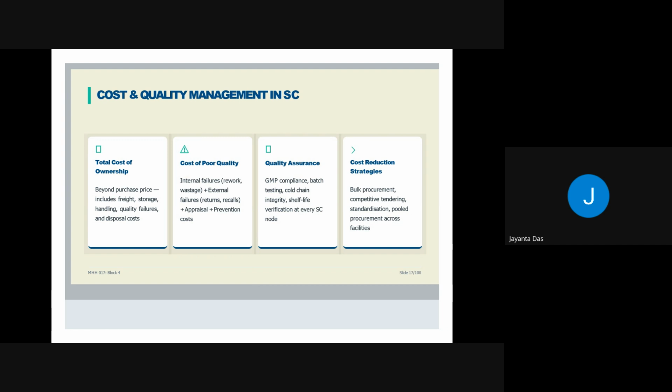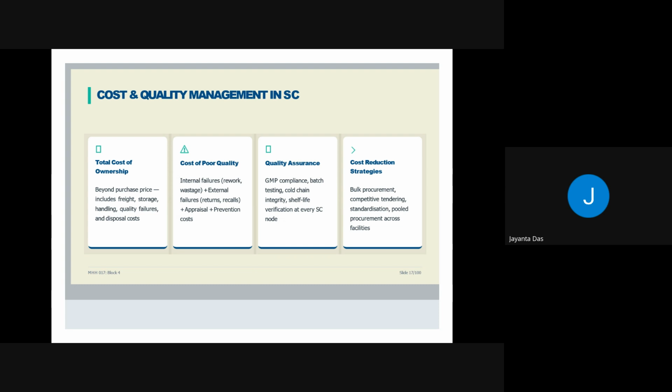Then cost and quality management in supply chain. First and foremost is the total cost of ownership. That is beyond purchase price. We also incur a lot of expenditure on freight, storage, handling, quality failures, and disposal costs. So we must be aware of this cost also.